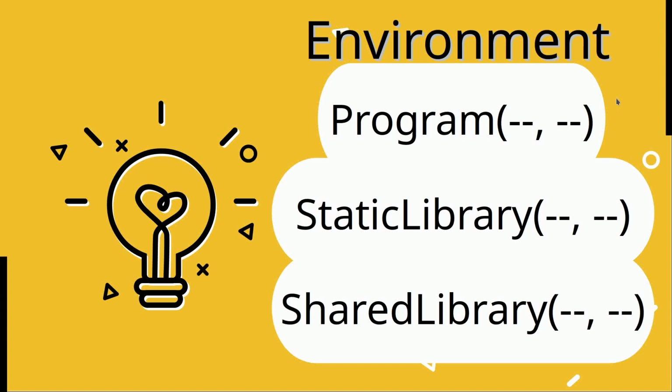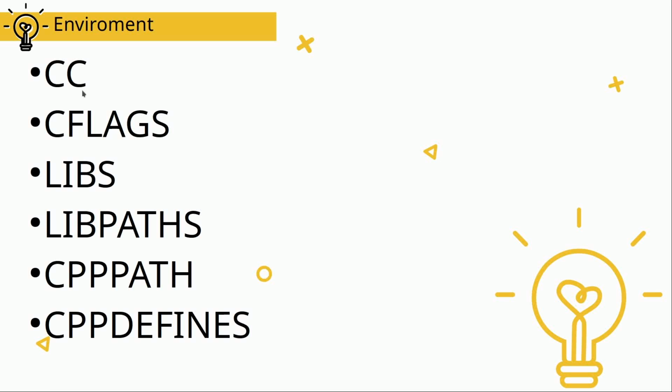Some variables that you can define inside the environment are CC, which defines which compiler you want to use to compile your C++ program, CFLAGS, which defines the C++ flags, LIBS, which defines the libraries that you want to use, LIBPATH, which is the library path folder, CPPPATH, which is the include file path, and CPPDEFINES, which are macros that you want to define inside your C++ program.